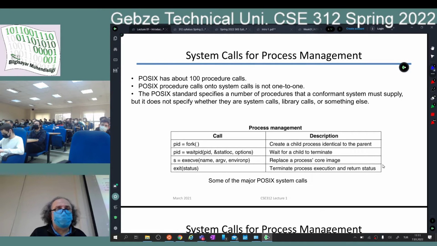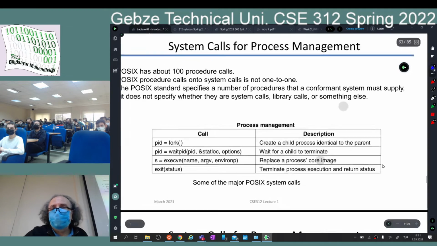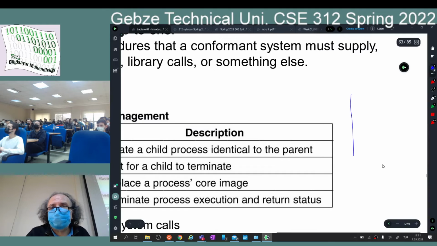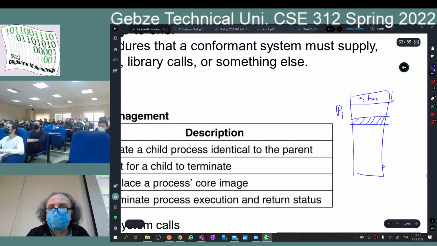Fork makes a new process. How does it do that? It copies the calling process. If this is my memory, and this is my process running, P1, this is my text, my code, this is my stack, growing downwards, this is my heap, and this is the available area.